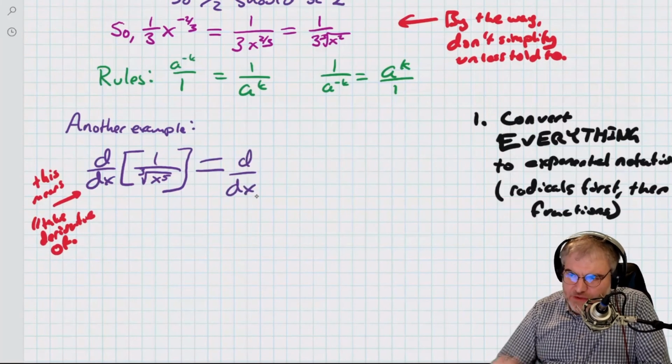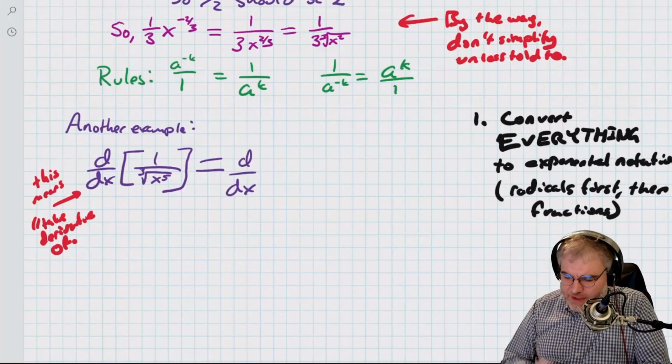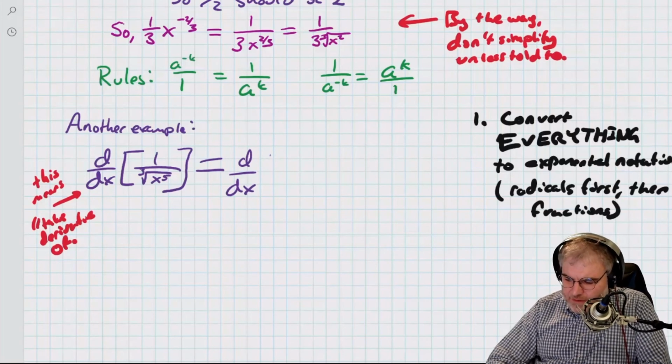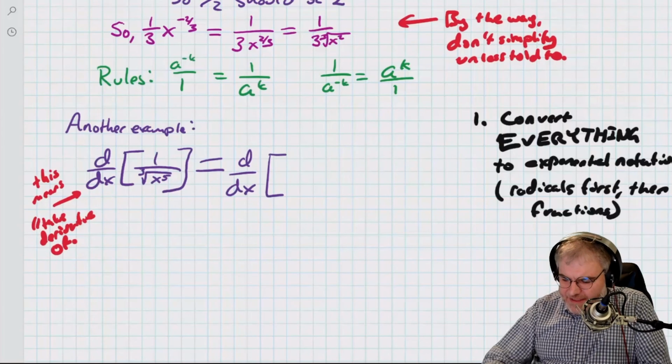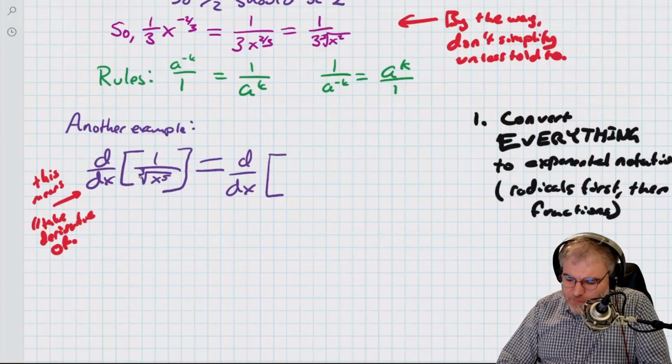Notice I still have the derivative sign here because I haven't evaluated a derivative yet. I still need to evaluate the derivative of what's inside. This x to the 5th cube root is going to become x to the 5/3 on the bottom.